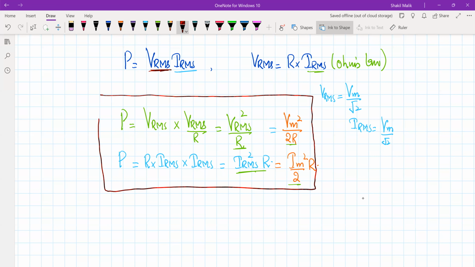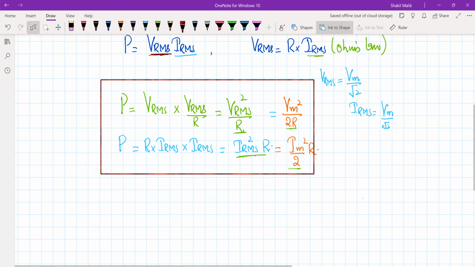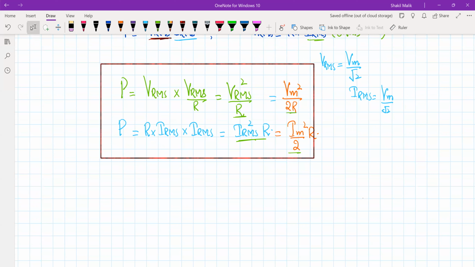This is referred to as the power absorbed or consumed by the resistor.